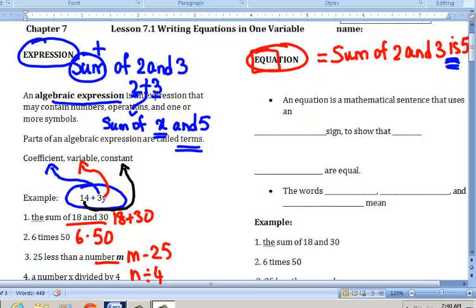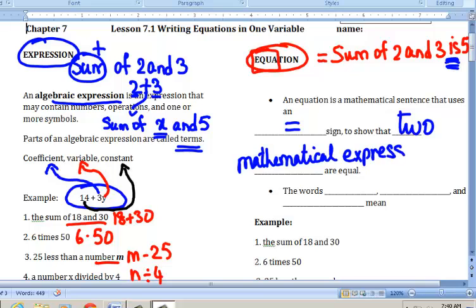So let's go ahead and see what this is all about. An equation is a mathematical sentence that uses an equal to sign to show that two mathematical expressions are equal.